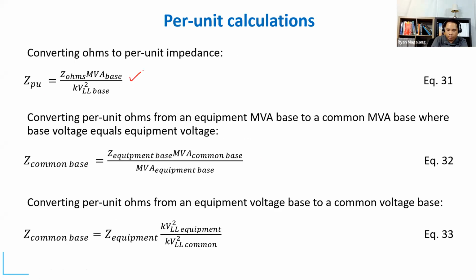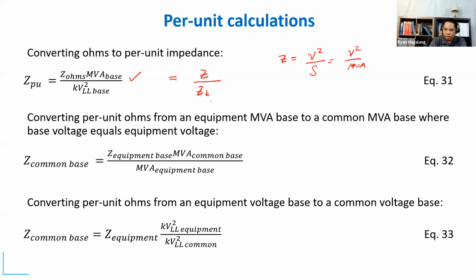And if you think about it, it's essentially equal to Z in ohms of your device divided by Z of a chosen base. And what is Z? Essentially V squared over S, where S is your apparent power, which is your MVA, and your V here is in kV.